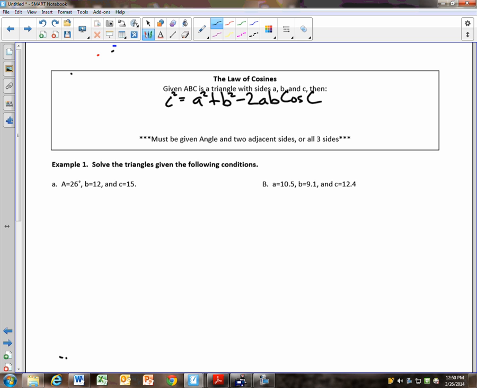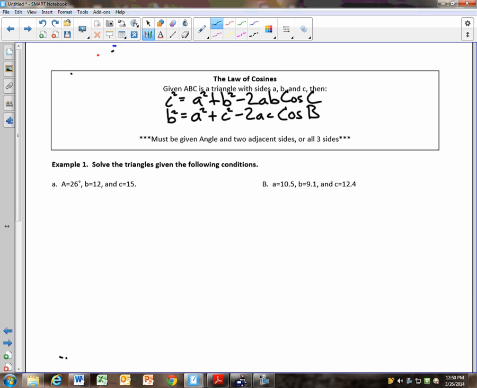You got A and B, and here you end up with A and B. And if you're solving for side C, it requires the use of angle C. So if we write it like this, B squared equals, what do you think I have? A squared plus C squared minus 2 times AC cosine of B. Very good.